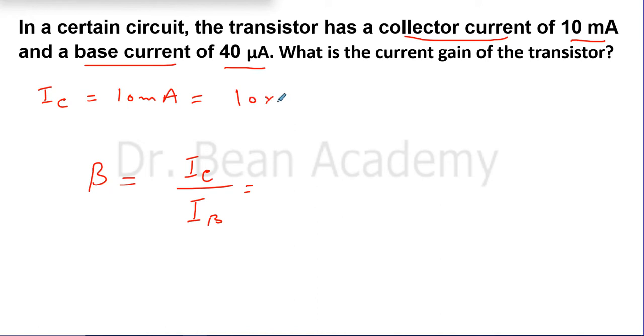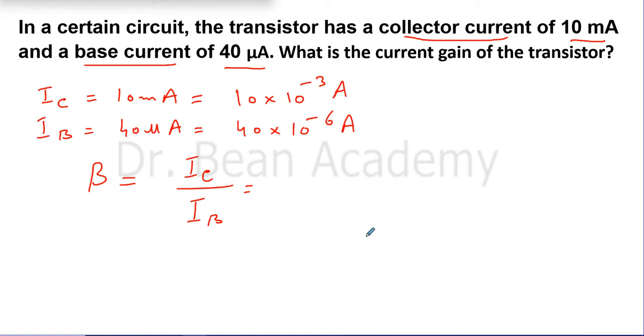So it is 10 into the power of negative 3 ampere. The base current is 40 microampere, which is equal to 40 multiplied by 10 to the power negative 6 ampere.